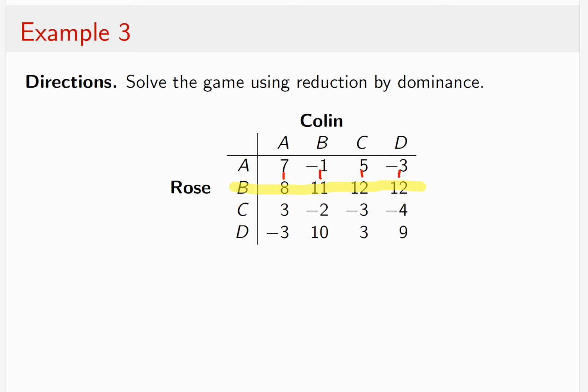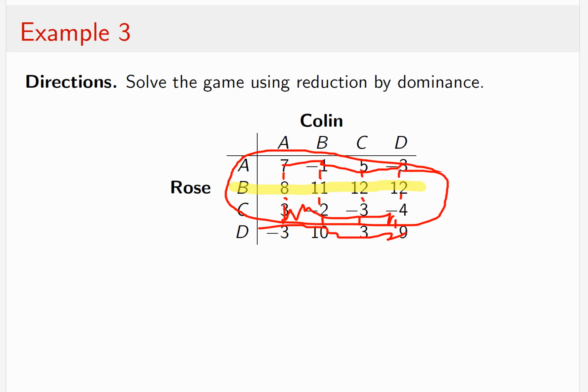Oh, B dominates A and B dominates C. Oh my, and B dominates D as well. So it turns out that Rose will never play C or D or A by the rational play principle. So she'll only ever play B.